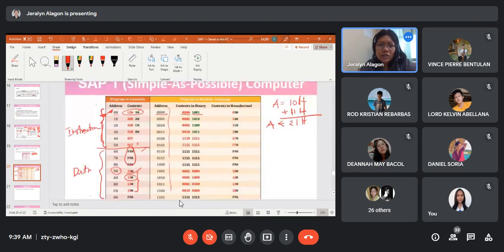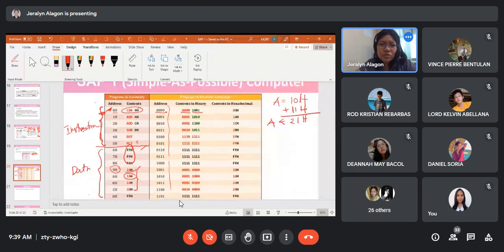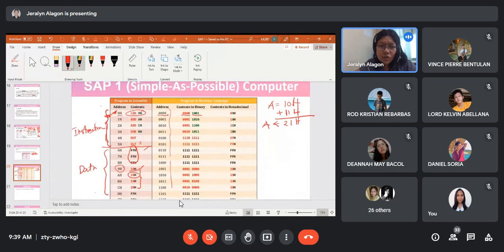Next, add CH. What is in CH? That is 20. I'm sorry, 20. Now we add 20H. The sum is 41H, again stored in the accumulator. Next, it subtracts BH.